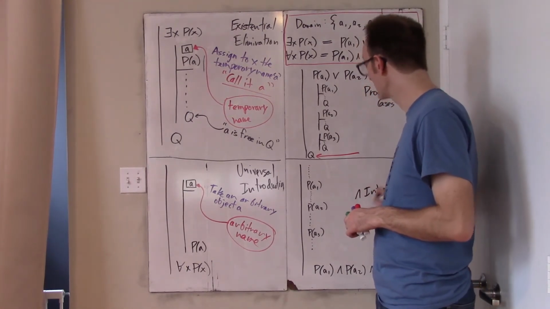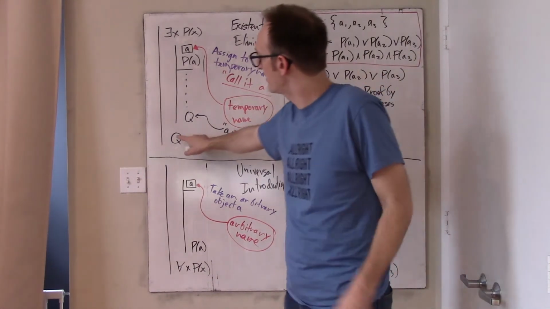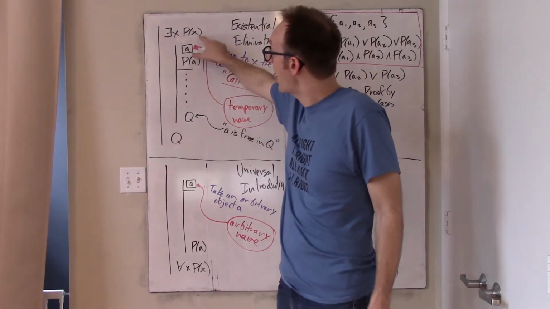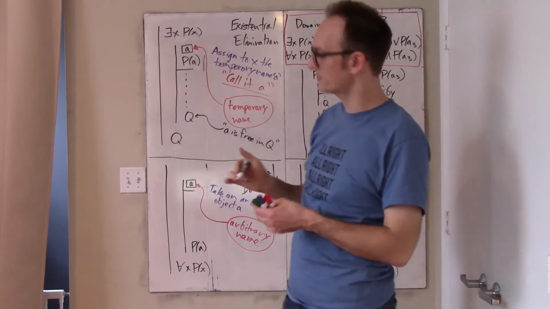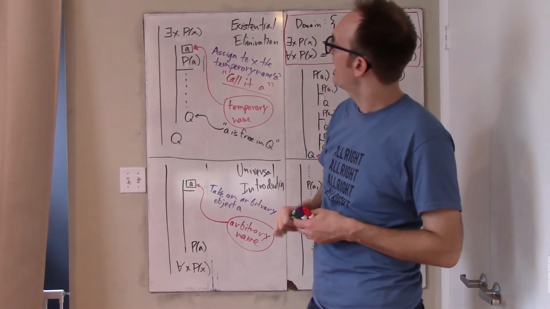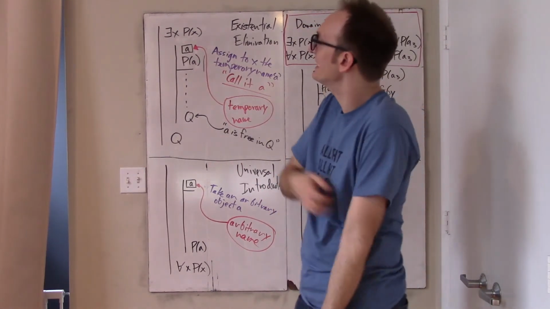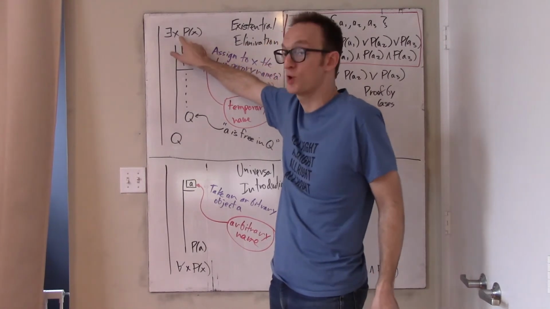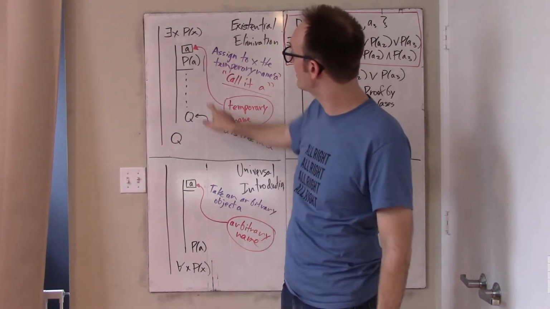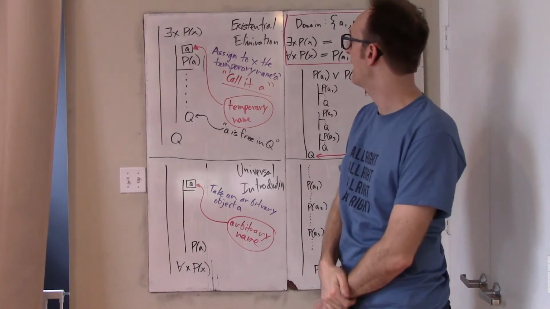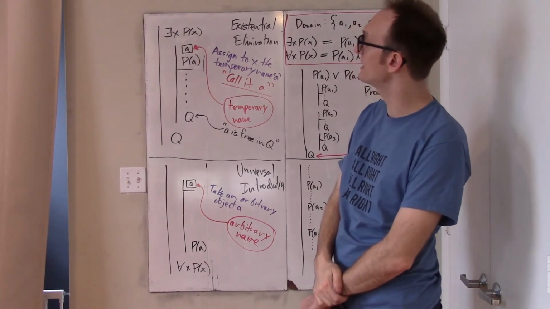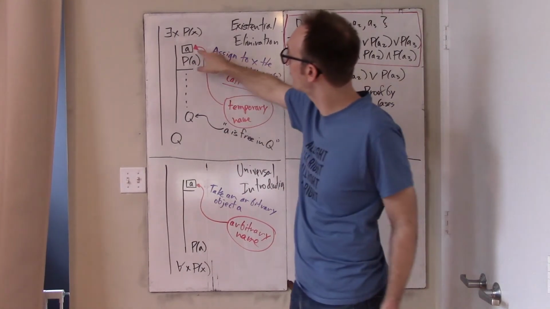On the other hand, this other proof technique is how one extracts information out of an existential. The way you do it is to temporarily name the person X that you know must exist, to give it a temporary name A, and then reason from there.